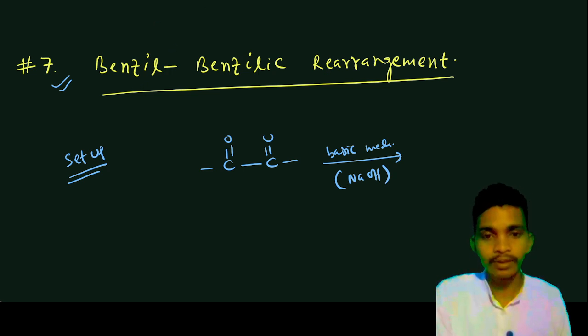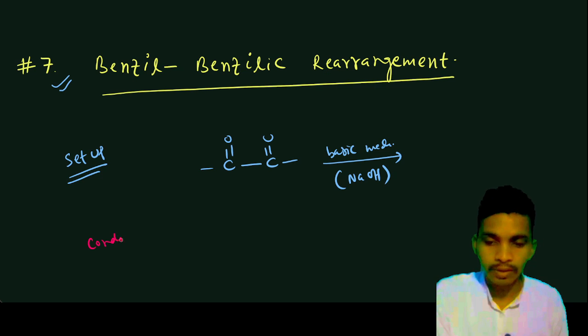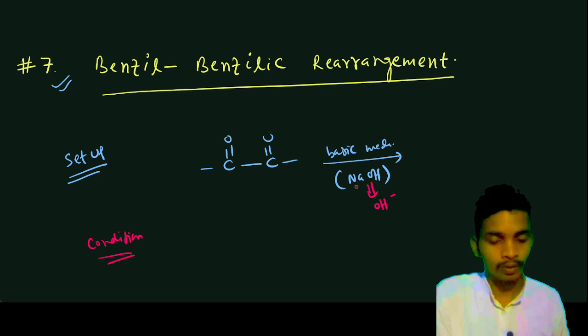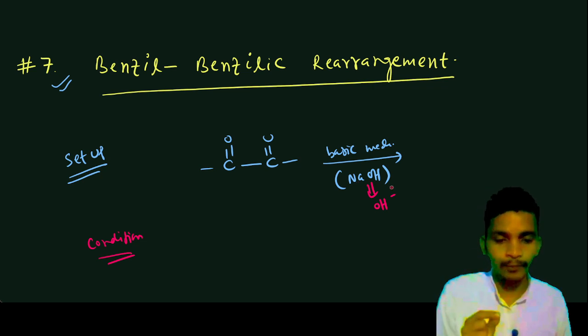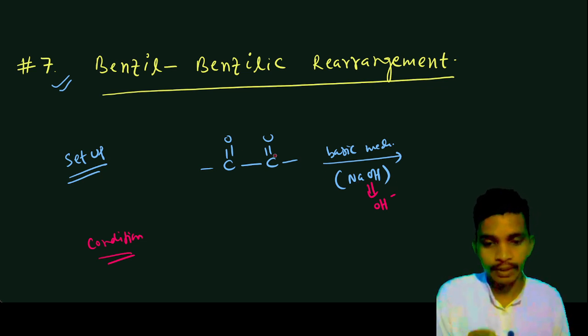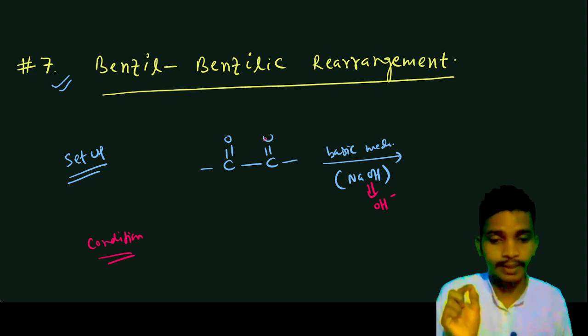And here the condition is that, since we know this is a basic medium, we get OH minus. If by any chance any acidic hydrogen is present in these substrates, in that case it will not do the benzilic rearrangement.